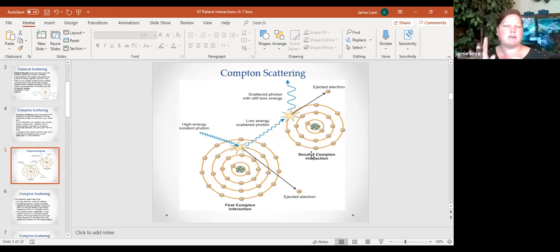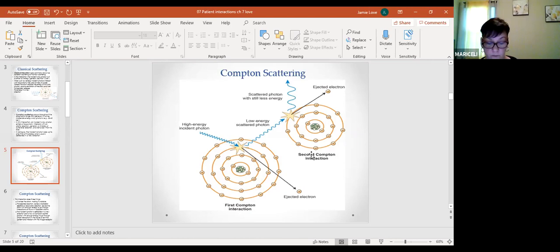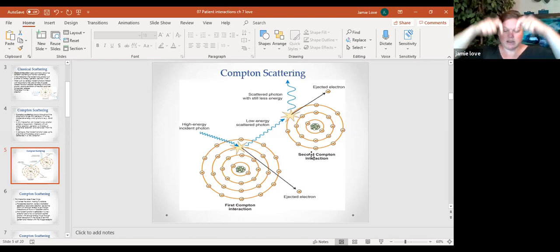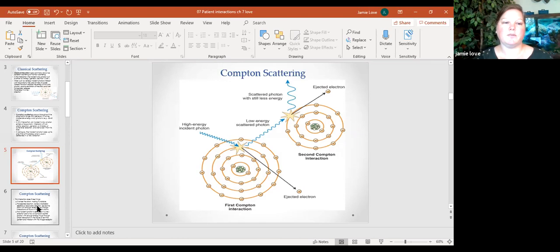So whenever you guys were talking about scattering the other day, and I kept saying, don't say scattering, this is why. Because Compton scattering is a scattered photon, an X-ray photon that was coming down from the beam, and now it's scattered off into a new direction. That's Compton.